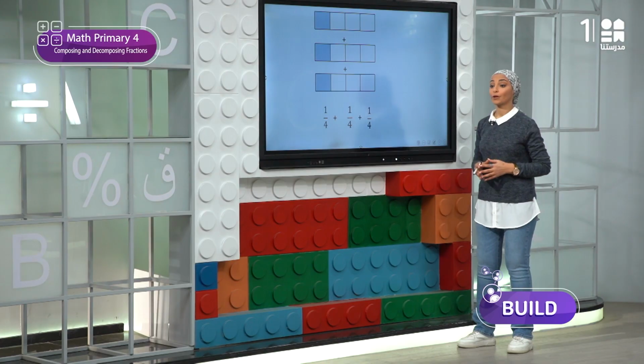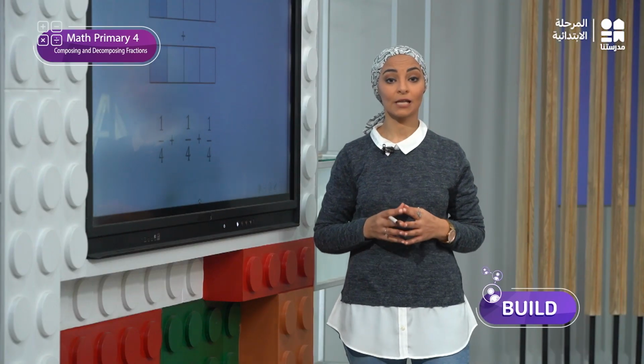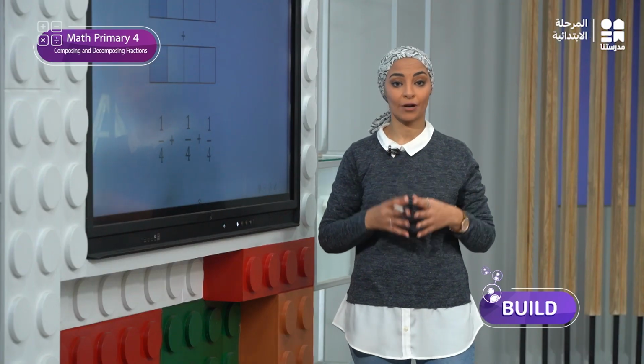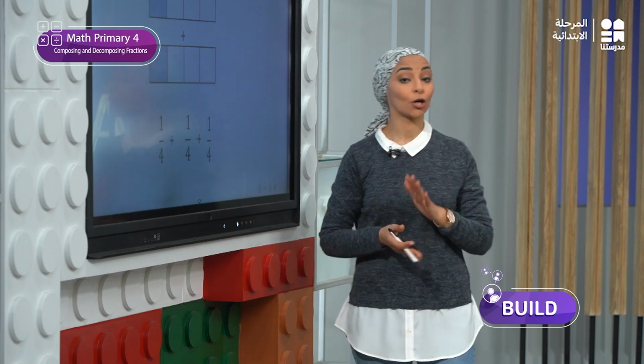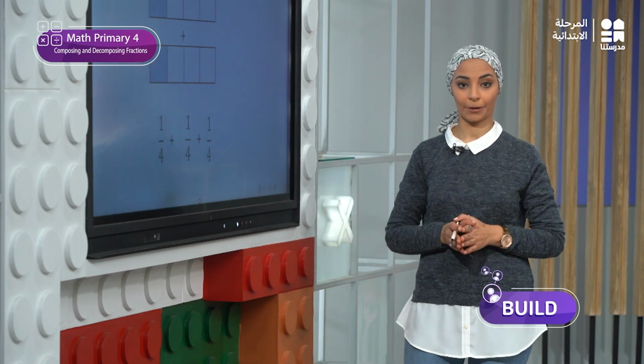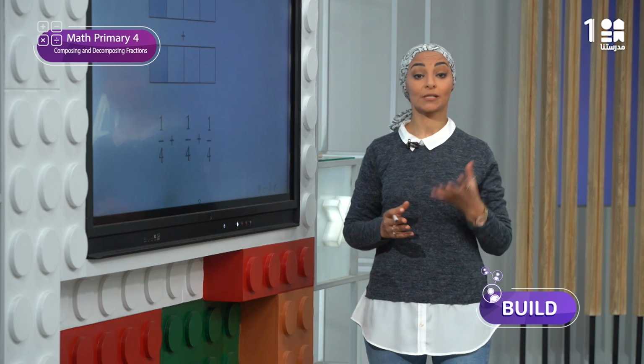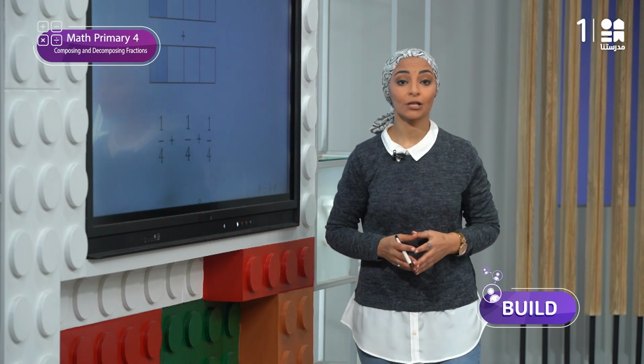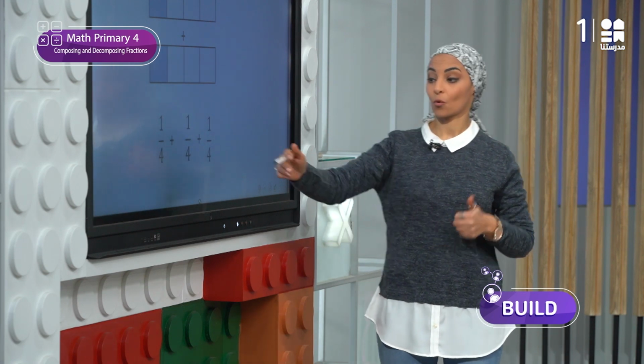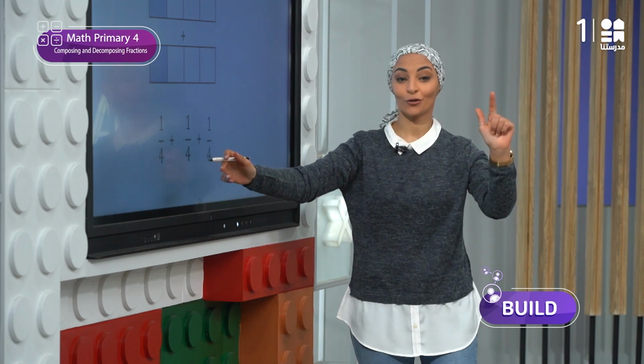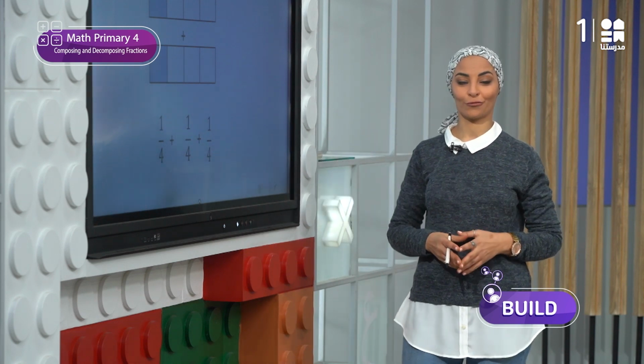However, 1/4 is a unit fraction. We already know that 1/4 is called a unit fraction that cannot be decomposed anymore. So when decomposing 3/4 into unit fractions, it will look like this: 1/4 plus 1/4 plus 1/4.